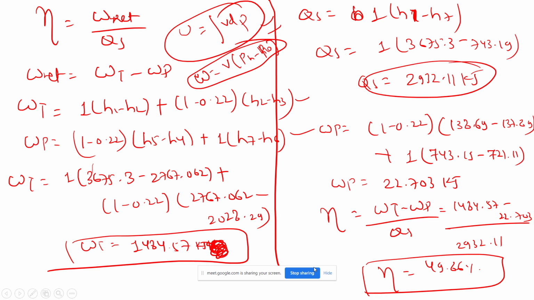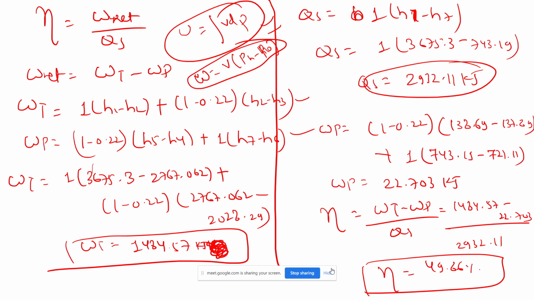Sir, is there any probability to get such kind of problems? No, you won't get them, but I have given them to you for practice. If they ask you for the enthalpy, they will directly give you the enthalpies of each and every point, because in the GATE exam you won't get this much time for one problem. They will directly give the enthalpy of point 1, point 7, each and every point.